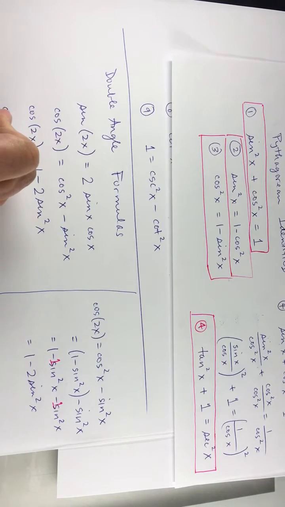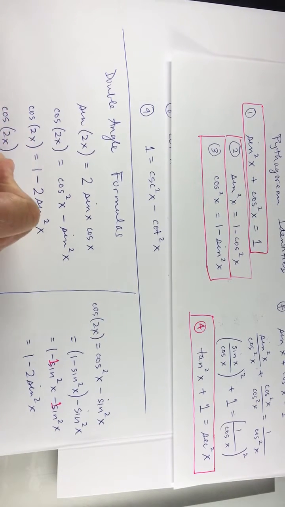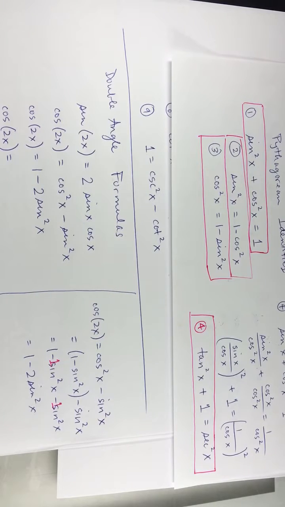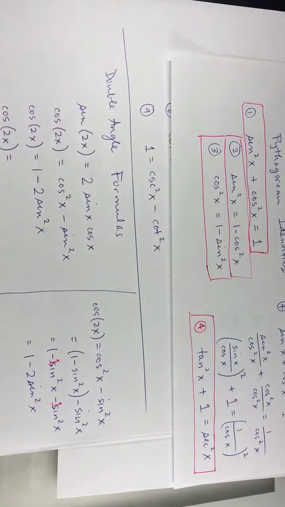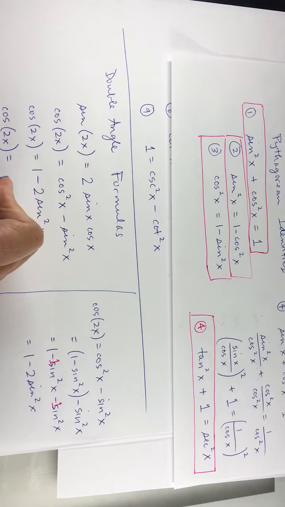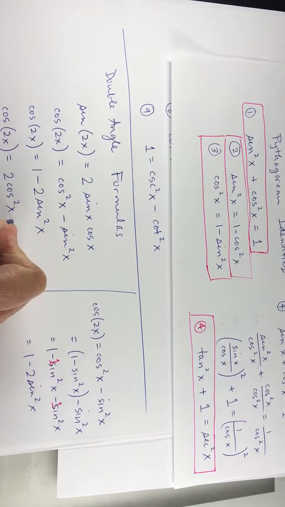Also, instead of substituting for cosine squared x, I could have substituted for sine squared x. Sine squared x is 1 minus cosine squared x. And had I done that, I would get 2 cosine squared x minus 1. That would probably be a little bit more interesting to show.